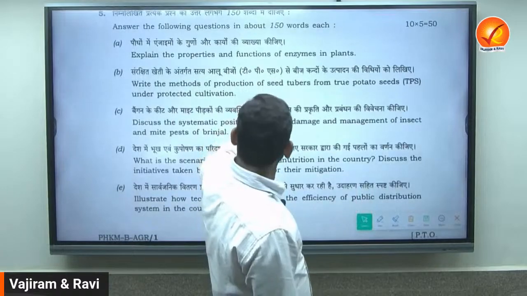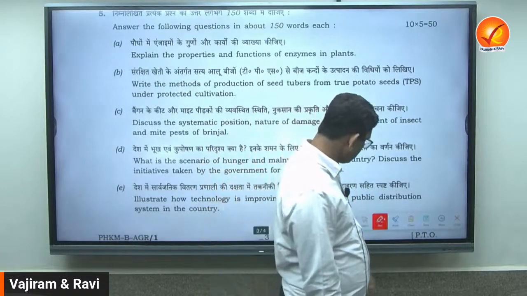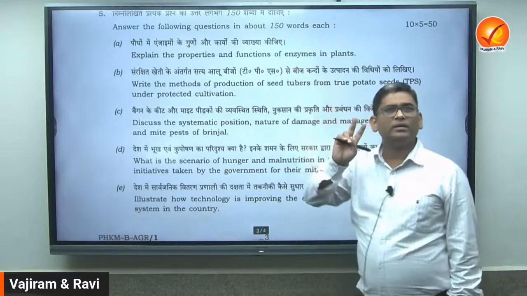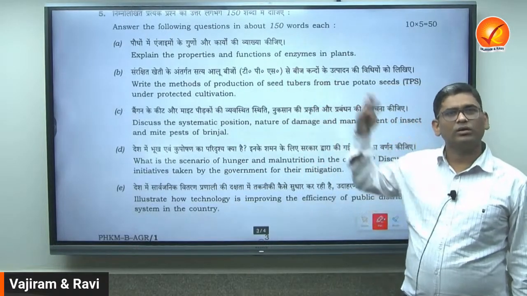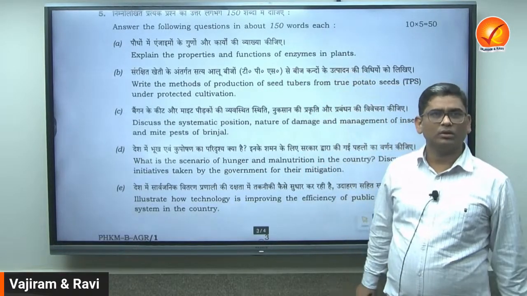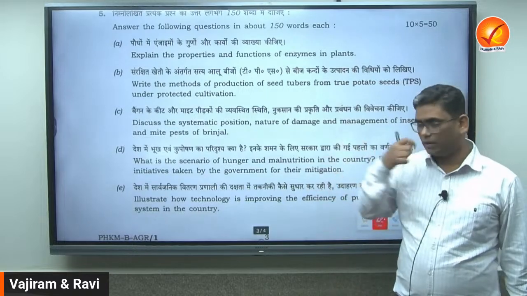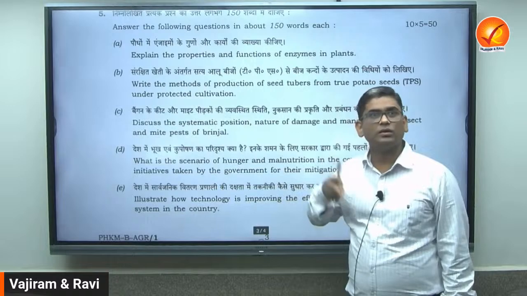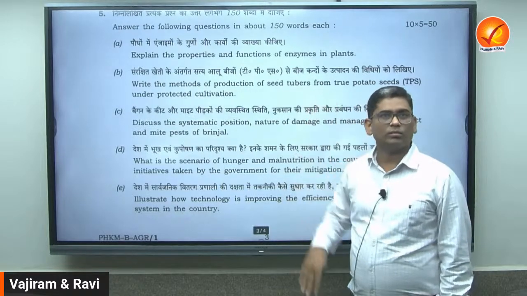Yeah, so just now focus on section B. In section A, you can easily select 2 questions, or you can go for 3 also, 2 or 3. One is compulsory and another one is compulsory from 2, 3, 4. Most of the students selected 3 from this year's paper.